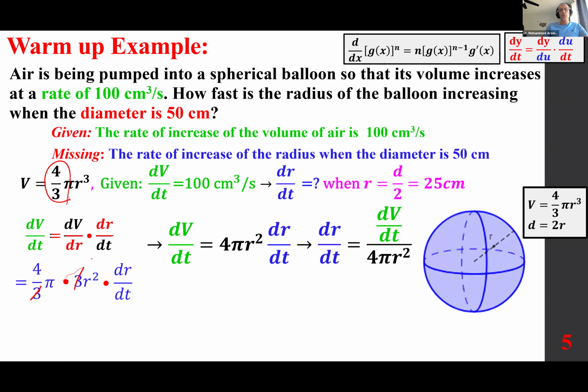So dr/dt becomes dV/dt over 4 pi r squared. We're going to plug in. dV/dt is 100. r is 25. The product of 4 and 25 is 100. We get 1 over 25 pi precisely.